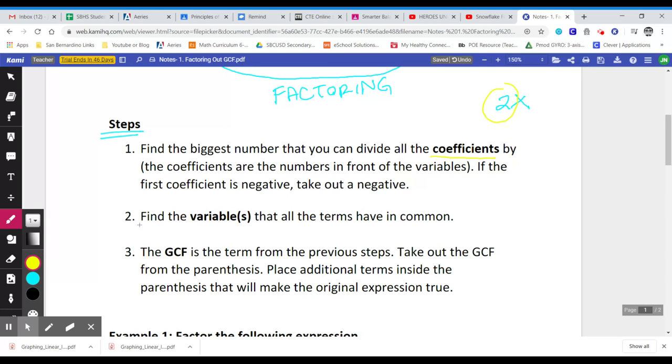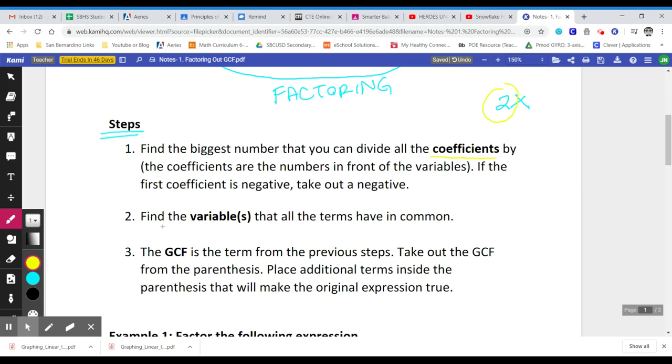Second step is find the variables that all the terms have in common. And then the third step is the GCF is the term from the previous steps, basically those two. You take out the GCF from the parentheses and then place additional terms inside the parentheses that will make the original expression true.